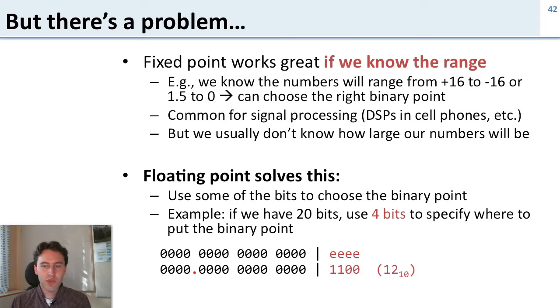So if we specify the binary point at position 12, we end up with a number like this, where we can record very small numbers but not very large numbers. Or if we put in a smaller number for x on the right-hand side, maybe we can have larger numbers but less precision. So what floating point allows you to do is use some of your bits to specify where the fixed point goes.